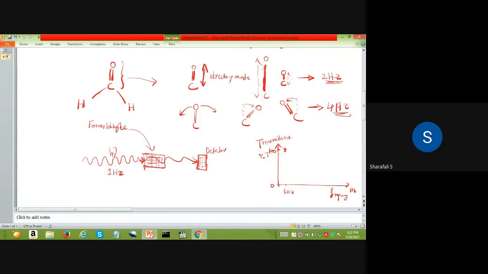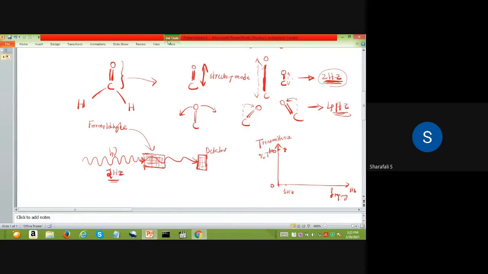Now, if you are sending 2 hertz frequency, then what will happen? When you are having 2 hertz frequency, this carbonyl group is having stretching mode vibration at 2 hertz. You can see from here. So this carbonyl group absorbs this incoming radiation because the frequency of the incoming radiation matches the vibrational frequency of the carbonyl group. Then it absorbs this radiation.